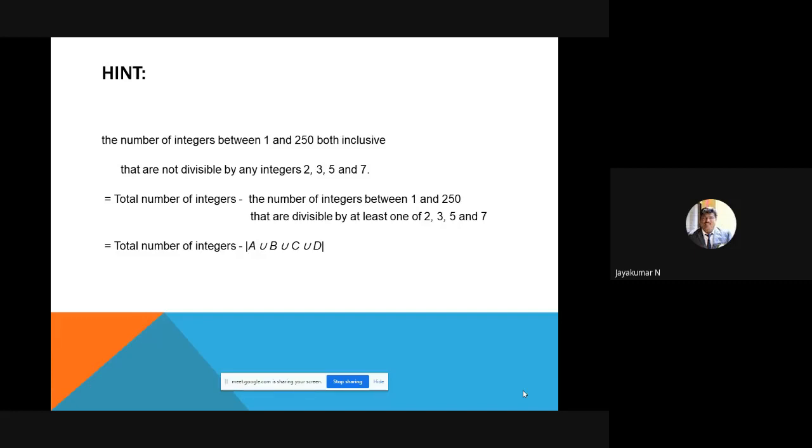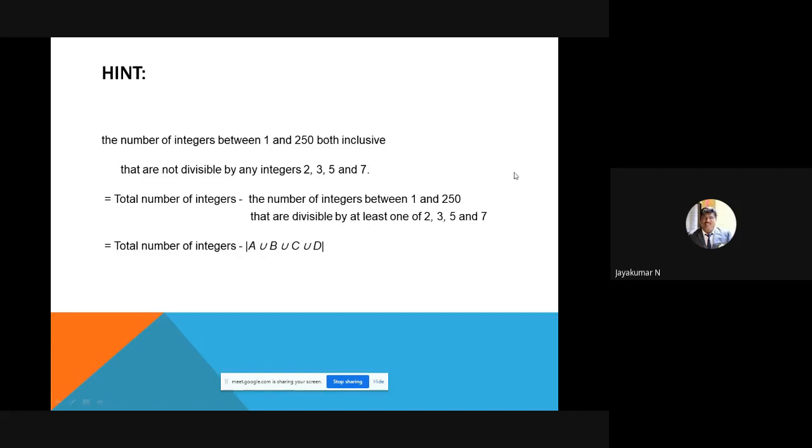Here we have to find not divisible by, but we have the formula only for divisible by. First you have to find the number of integers between 1 to 250 that are divisible by at least one of 2, 3, 5 and 7.